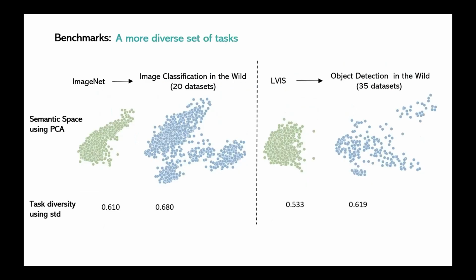So we further visualize and compare the task diversity. ImageNet and Lewis are well-known computer vision data sets. We visualize the semantic space using 2D PCA, and both data sets have rich visual concepts, but they are relatively concentrated in a subspace.